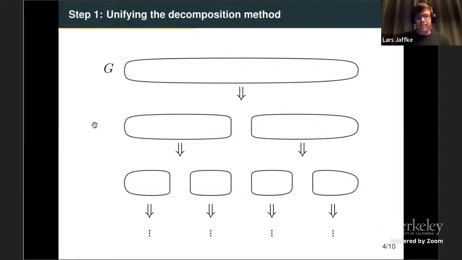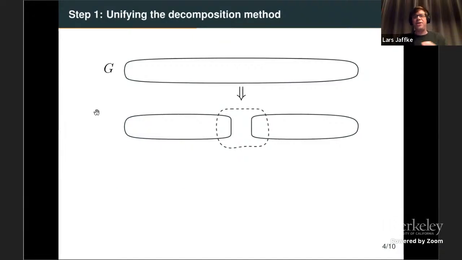And then, what would be the width of such a decomposition? So think like you decompose your graph into these small pieces, and then you want to solve your favorite problem. Once you arrive at the small graphs, of course, it's trivial to solve the problem, but then you have to go back up and you have to combine solutions for the smaller graphs in order to obtain solutions for the bigger graph. And at this stage, it's of course important what is the structure of the cuts that appear along this decomposition.